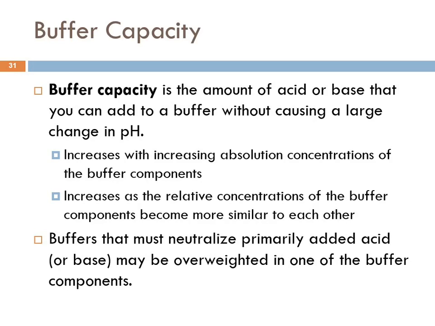Buffer capacity. So we talked about buffer effectiveness and buffer range. Now we're going to talk about buffer capacity. That's the amount of acid or base that you can dump in there without causing huge changes in the pH. So the buffer capacity will increase with the increasing absolute concentrations of the buffer components.